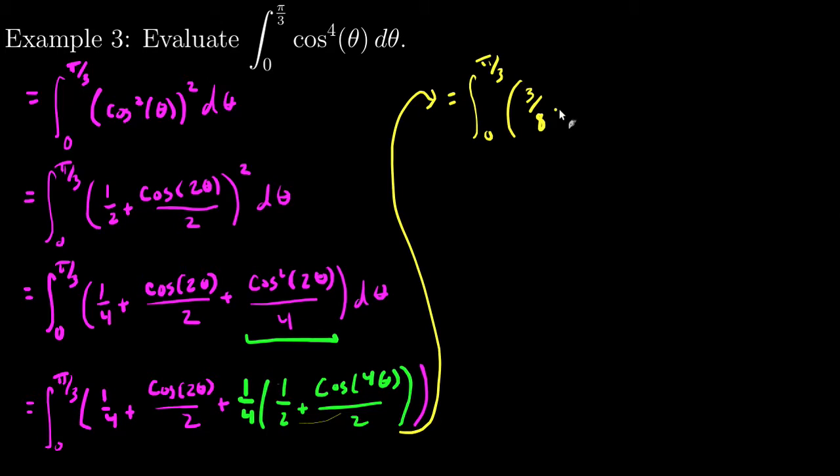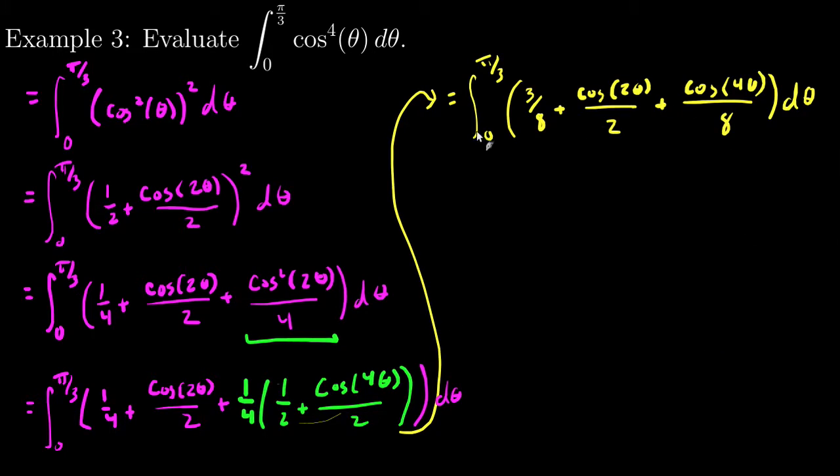So I have plus cosine of 2 theta over 2. And 1/4 times cosine of 4 theta over 2 is plus cosine of 4 theta over 8 d theta. I just noticed I forgot d theta there.